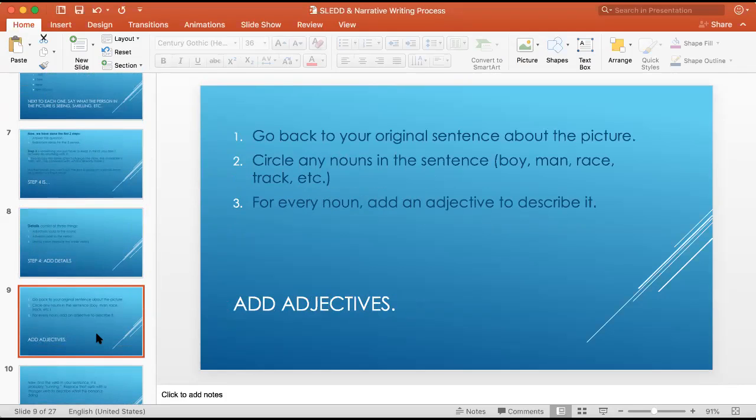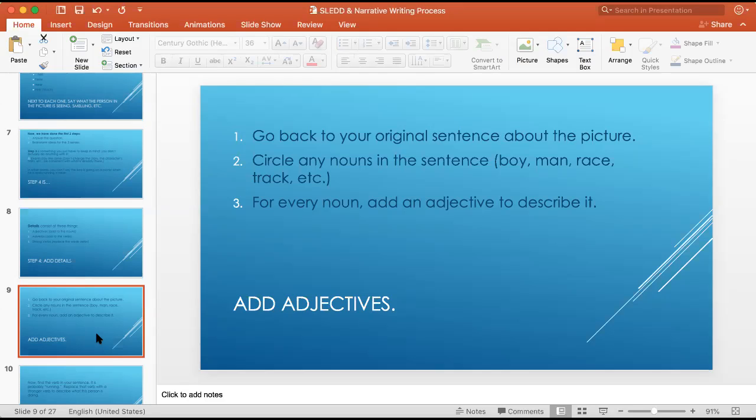So we do that step by step when we're teaching it to them. So you say, okay, I want you to go back to your original sentence about the picture, which might be something like the boy is running a race. I want you to circle any nouns in the sentence. So depending upon what they wrote, that will likely be boy or man, race or track. And then for every noun you circled, add an adjective in front of it to describe it.